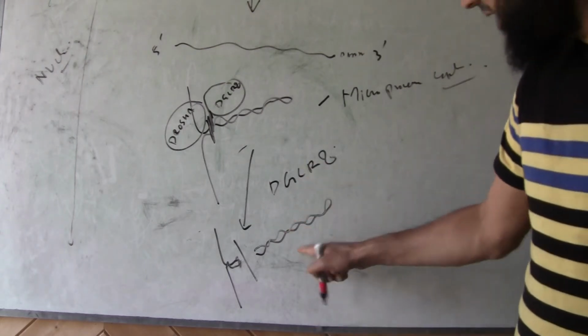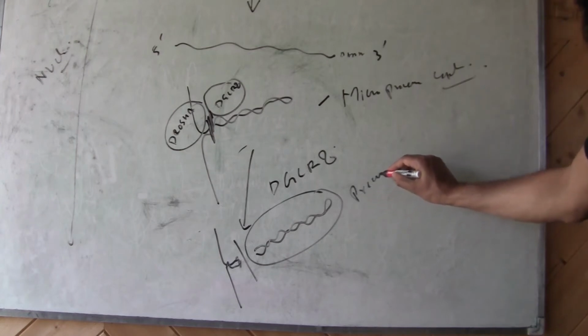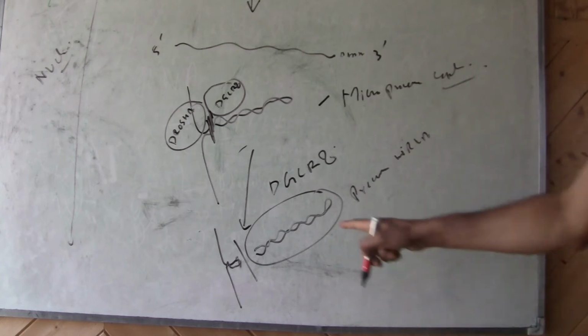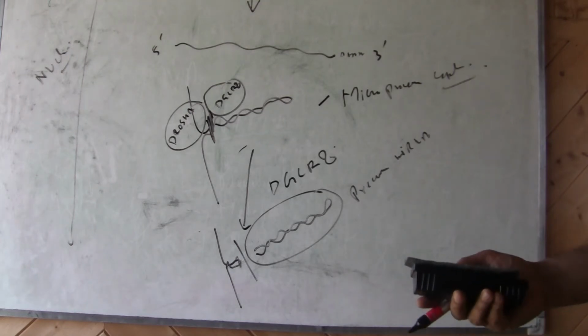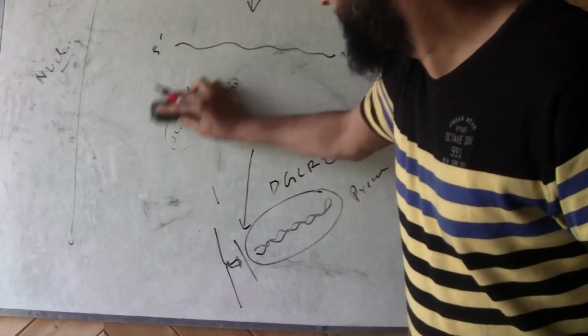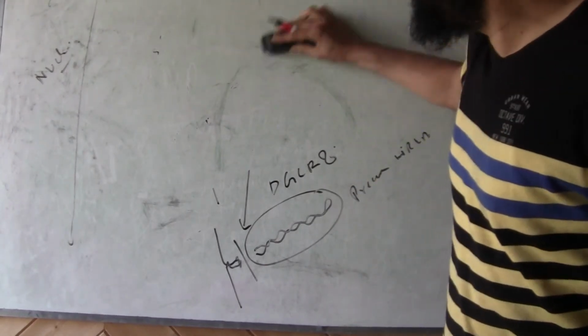Now this is called precursor microRNA. And what happens after this? There's a protein called exportin. This whole thing was happening in the nucleus.